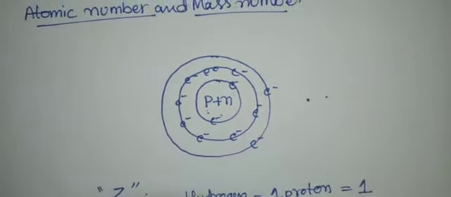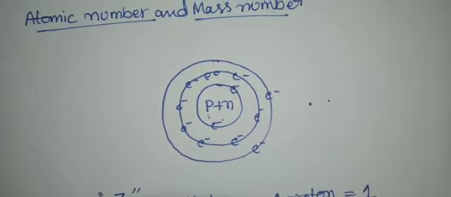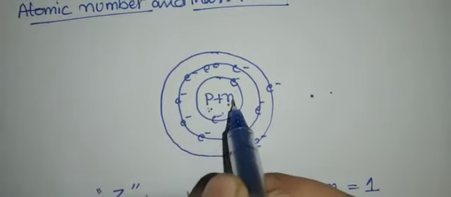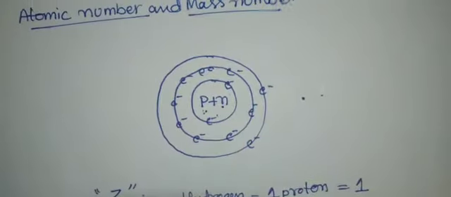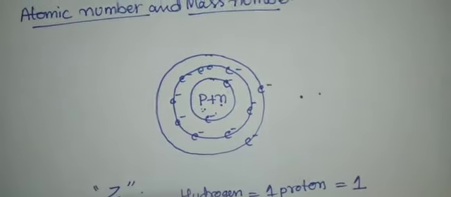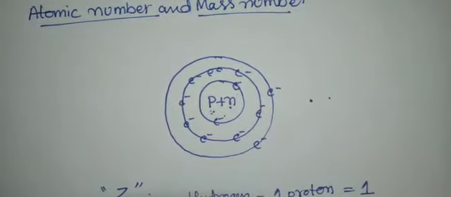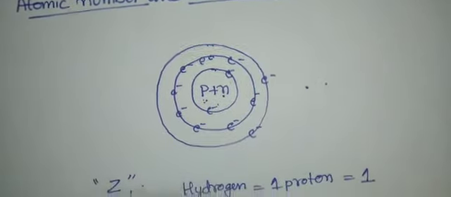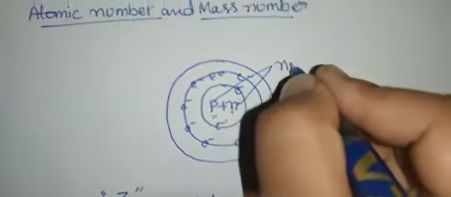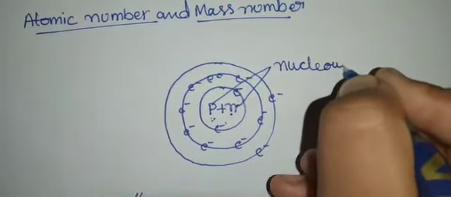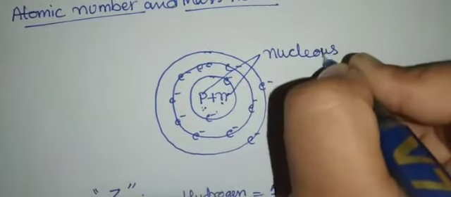Protons and neutrons are together present in the atomic nucleus. Hence protons and neutrons are also called nucleons.